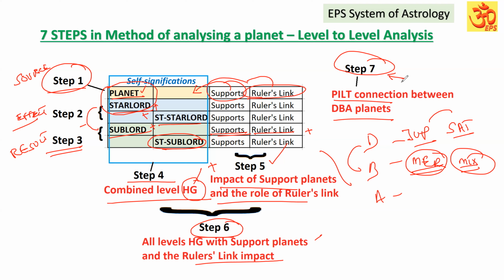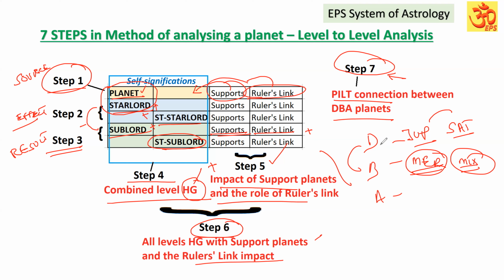This is a very important step in EPS. Please understand, each planet's signification strength up to the 6 steps will not play the same way as a Bhukti or Antra for other planets, because that has some other connection, called the pilt connection between the Dasa, Bhukti, Antra.